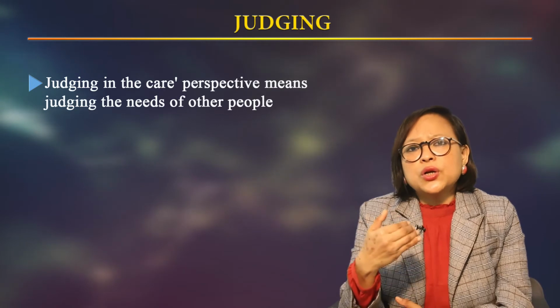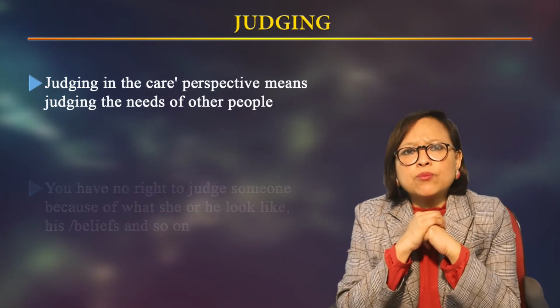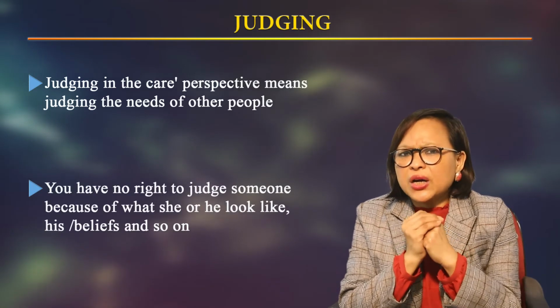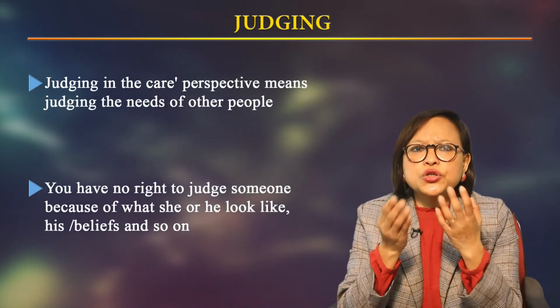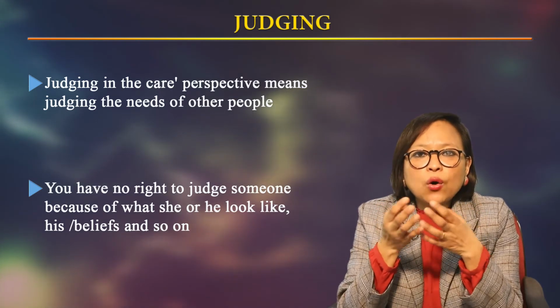When we talk about judging, other than the morality aspect, when we talk about judging someone, you have no right to judge someone because of what she or he looks like, or what his beliefs are, and so on. For example, I may believe in a certain lifestyle.